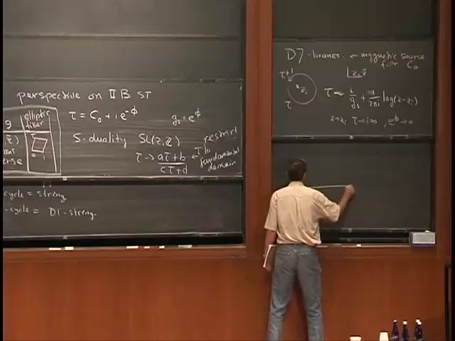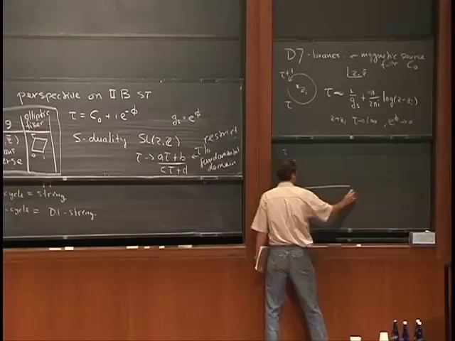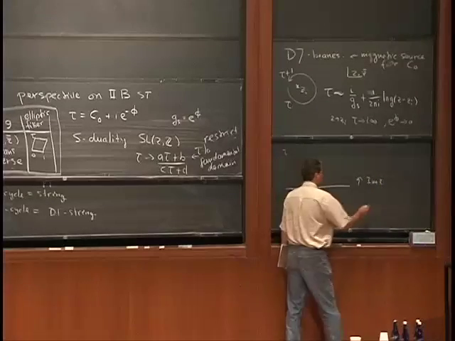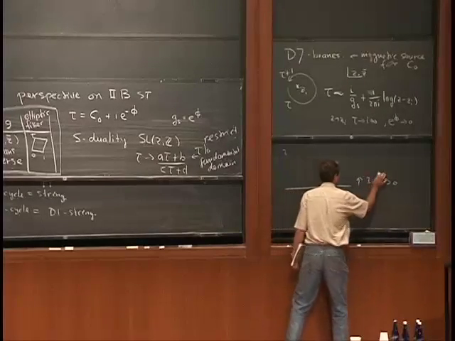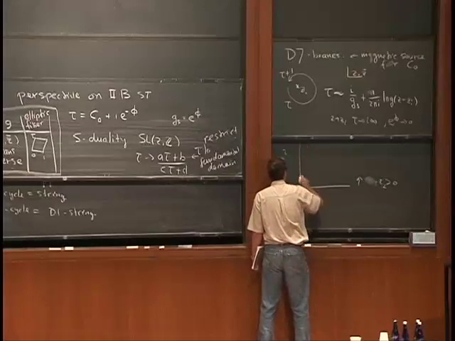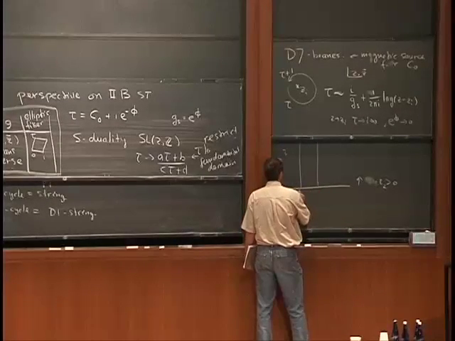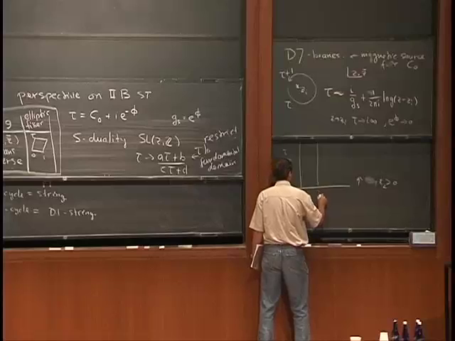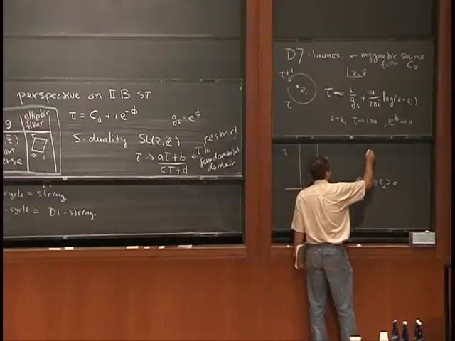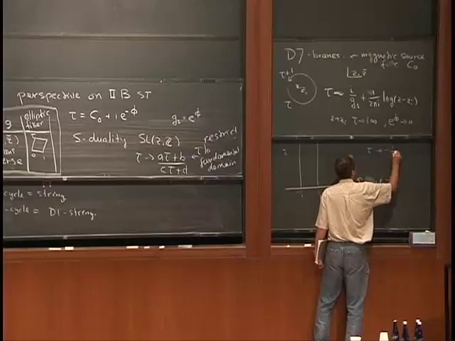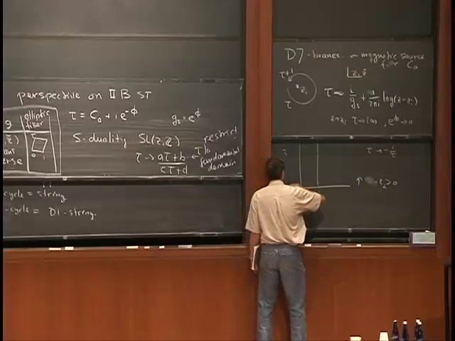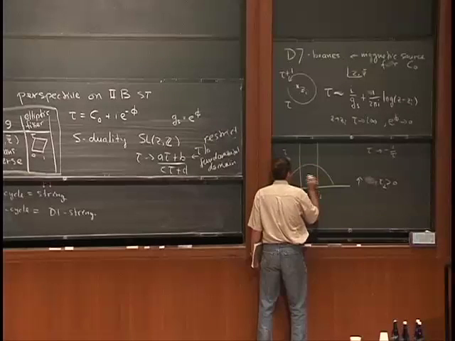And what this fundamental domain looks like in the tau plane is that the imaginary part of tau can always be bigger than 0. Let's call that tau 2. And you can put the real part of tau in between -0.5 and 0.5. And one of the transformations that you have here is known as the S-duality transformation, tau to -1 over tau, which also means that I can make the imaginary part bigger than that particular circle.